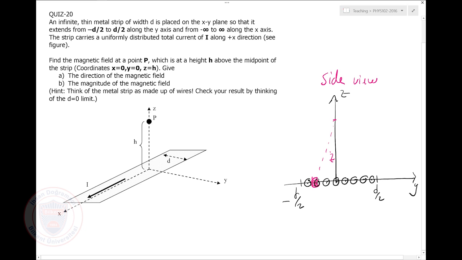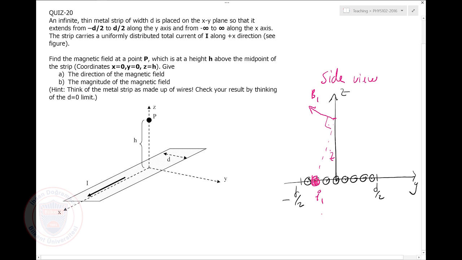So the magnetic field due to that will be something like this, if this is I1.